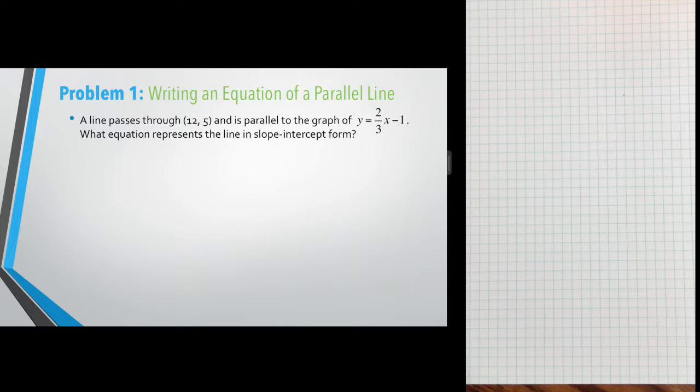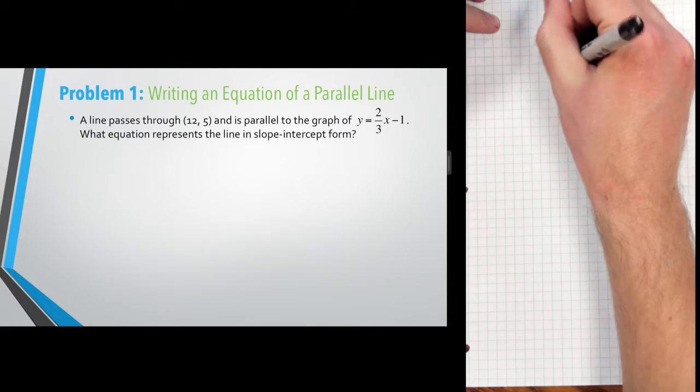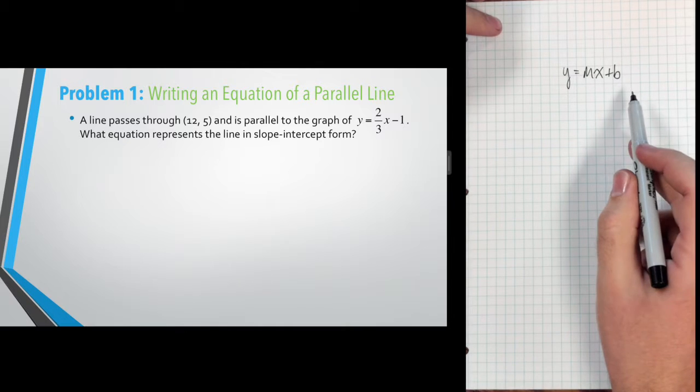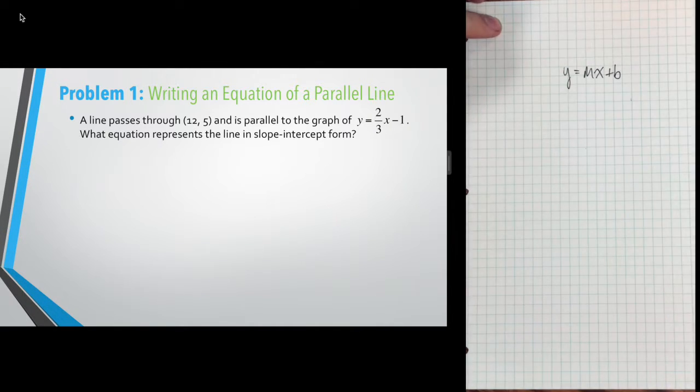So what we need to do is write an equation in y equals mx plus b form. So this is what we're trying to get to, slope-intercept. Notice that the one that's given to us here is already in slope-intercept form. So we need to write an equation of the line that passes through (12, 5) on the graph and is parallel to this equation.